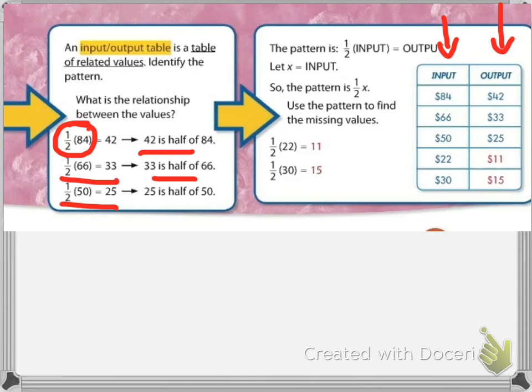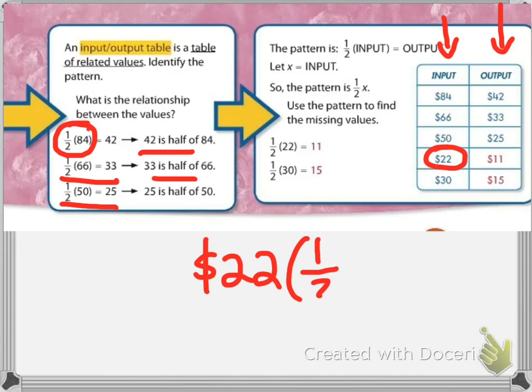Now if we use the pattern to find the missing values, if he made $22, then we divide that by half: 22 divided by 2 gives us $11 that he saves.